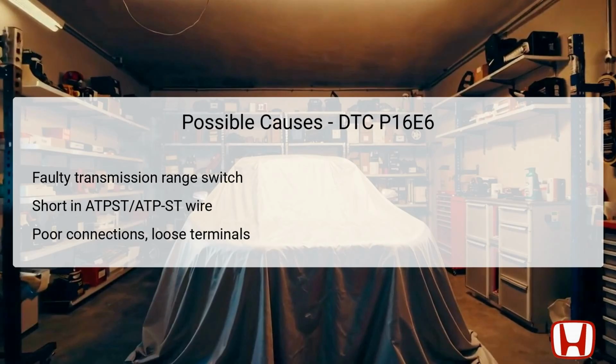This short could lead to incorrect signals being sent, mimicking the symptoms of a malfunctioning switch. Additionally, poor connections or loose terminals, either at the transmission range switch or the PCM, can interrupt the communication necessary for correct operation, leading to intermittent issues. Addressing these potential causes in a systematic manner is vital to resolving the DTC effectively.